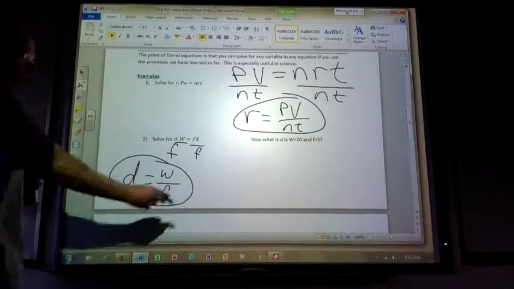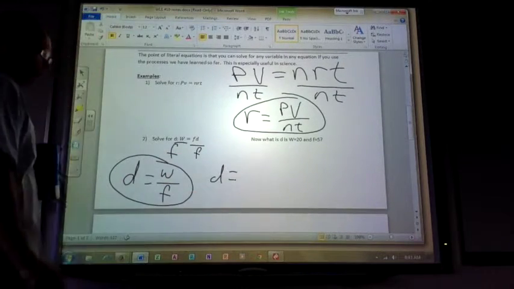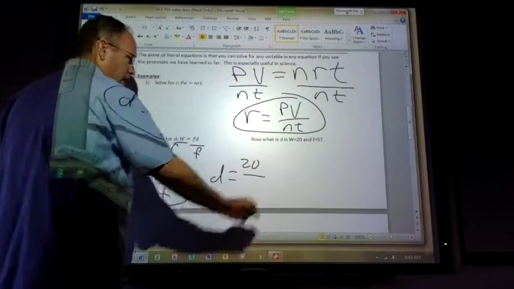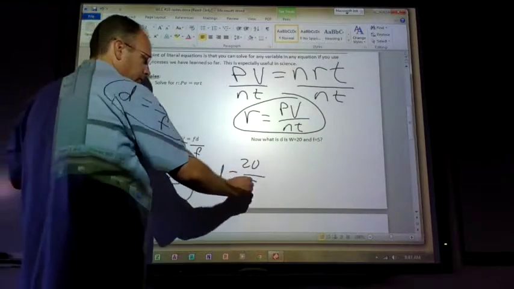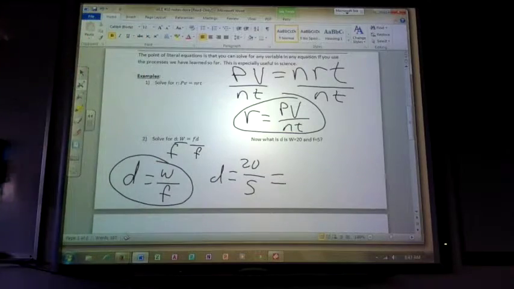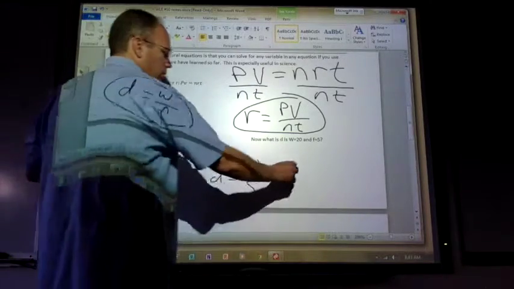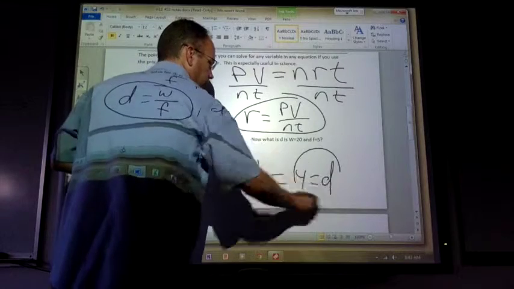D equals 20 over 5, which equals 4. 4 is equal to D. Sweet.